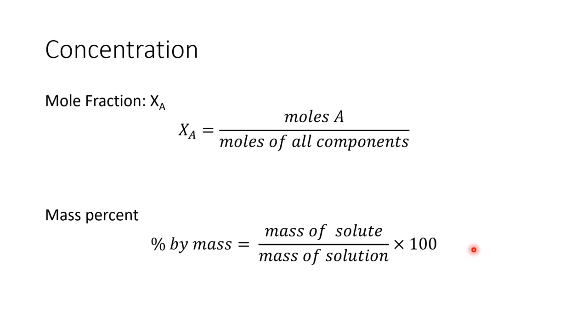And mass percent is the mass of the solute that you're interested in divided by the total mass of solution, not the mass of the solvent. Remember, this is the mass of the solution. So if you have 40 grams of KCl and you're dissolving it in 60 grams of water, the mass percent would be 40 grams of KCl on the top here over 100 grams of water, or 100 grams of solution. You have to add those two together.